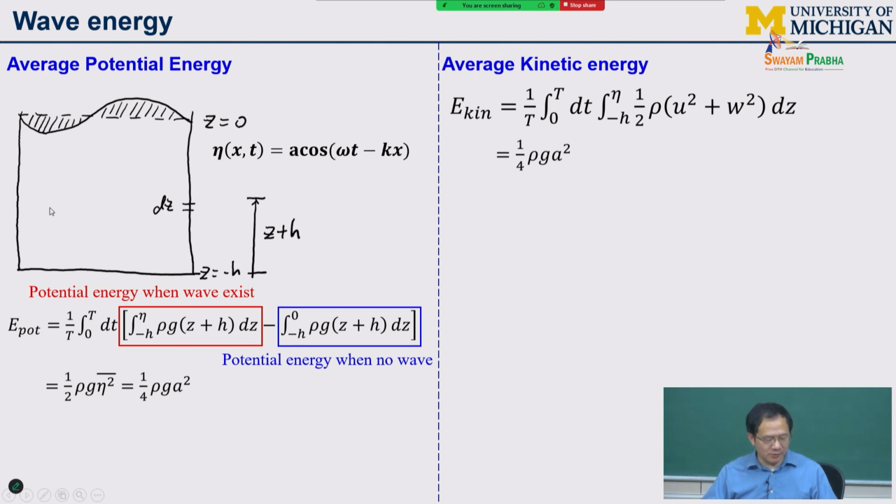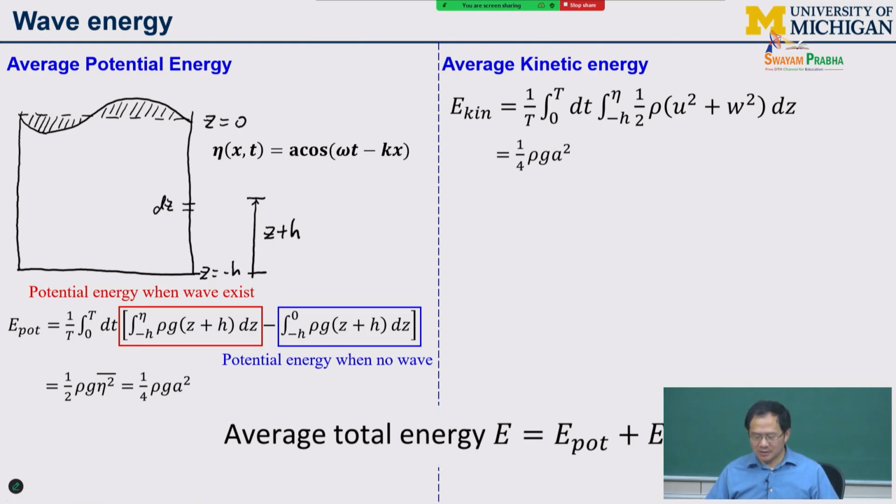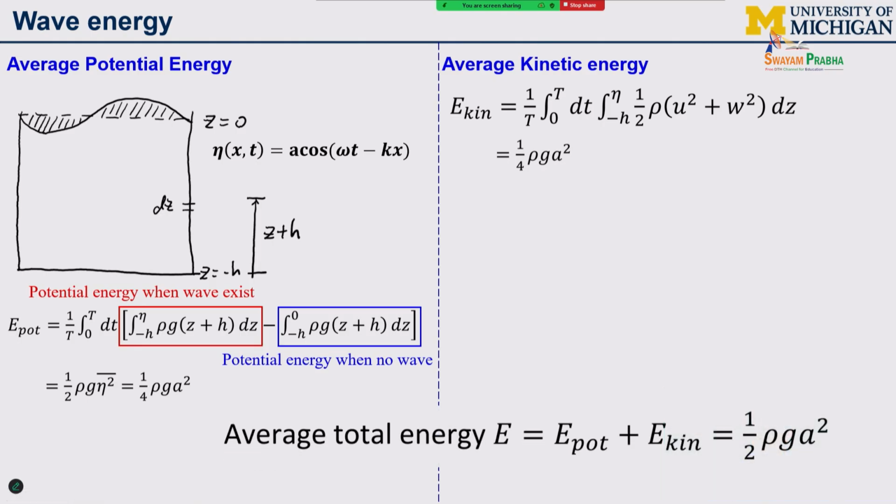This is the kinetic energy and the potential energy. You add them together and the total energy is 1 over 2 rho g A square. So the wave energy in one period has a very simple relationship.